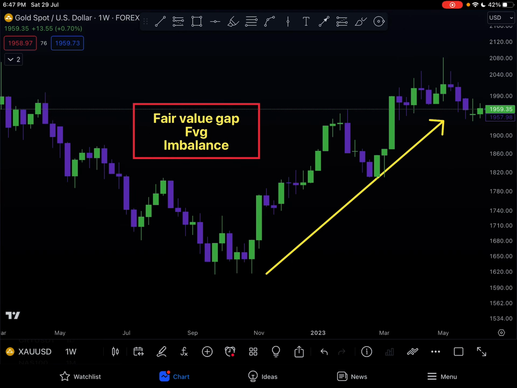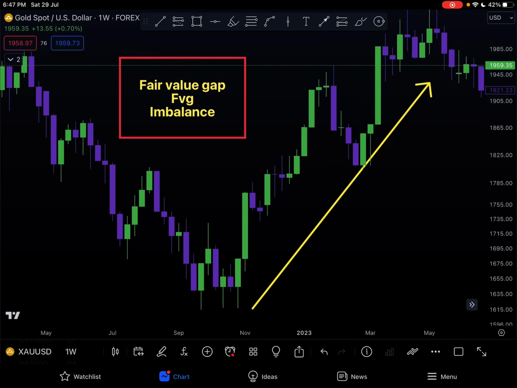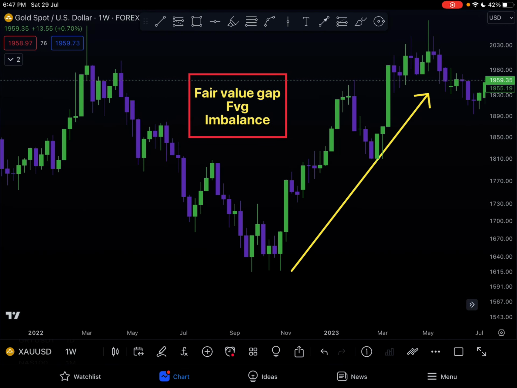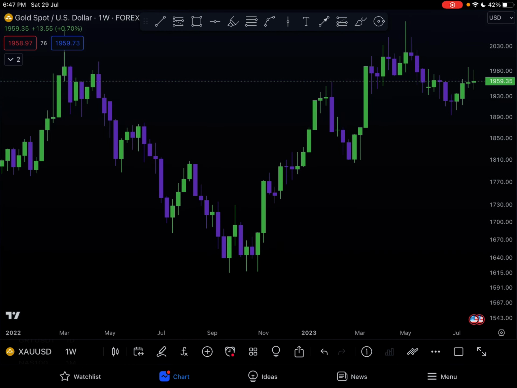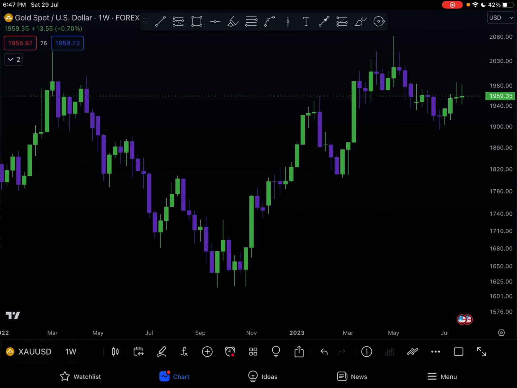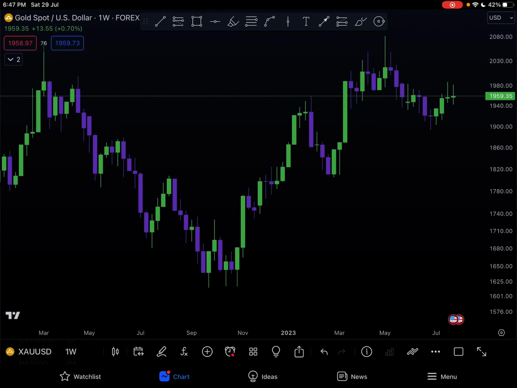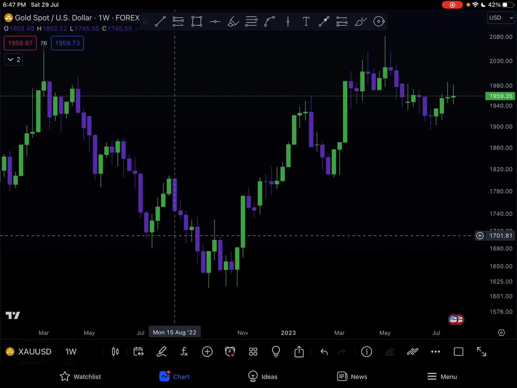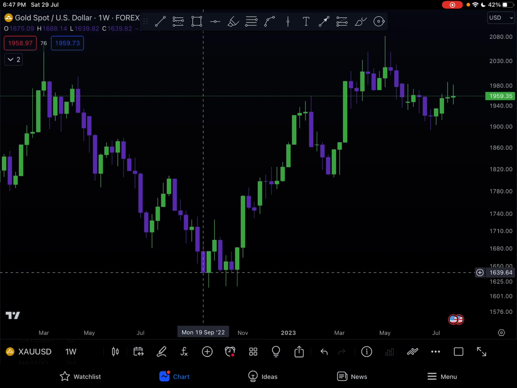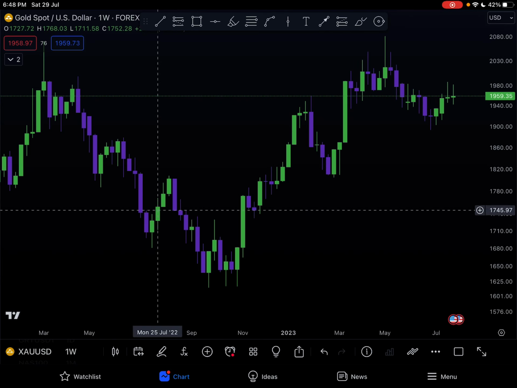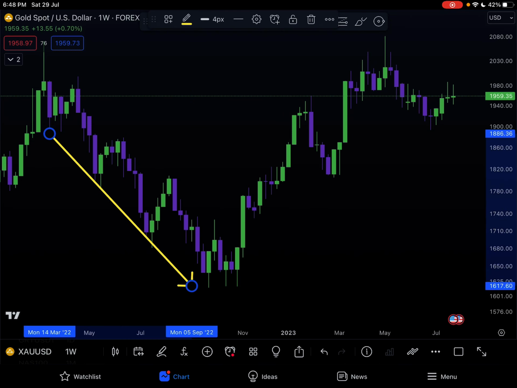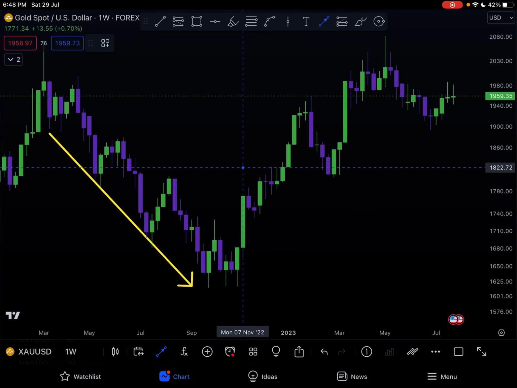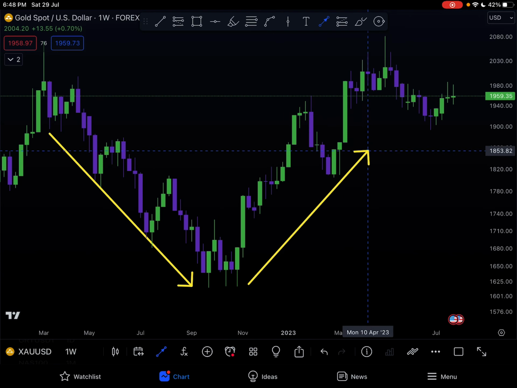A big thing when you're looking at price action. Let me take this off the screen so you guys can really see. Before I point anything out, is there anything that could help you figure out that price is no longer bearish and it's about to go upwards?